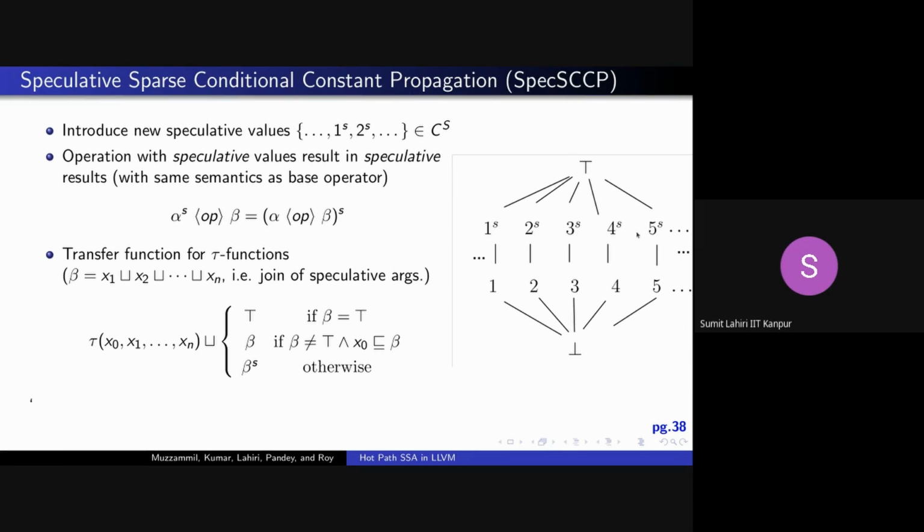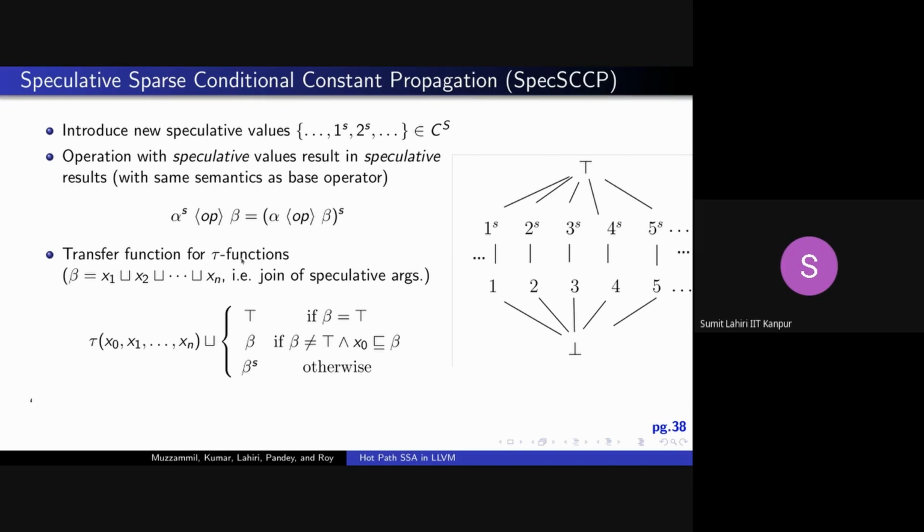These are speculative constants. If we have an operation between a speculative constant and some other constant, then that constant becomes a speculative constant. By speculative, we mean that maybe over this hot path, it is a constant, so it may not be a constant over all paths.